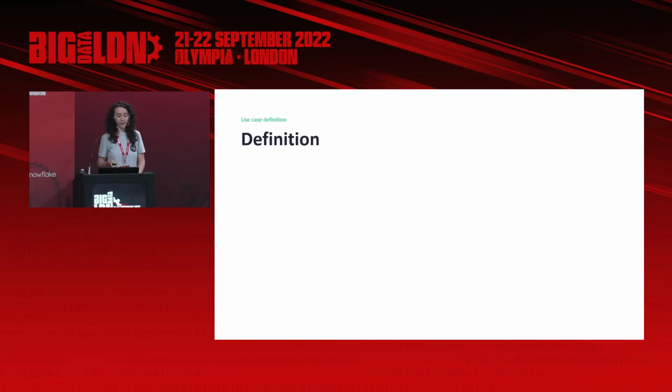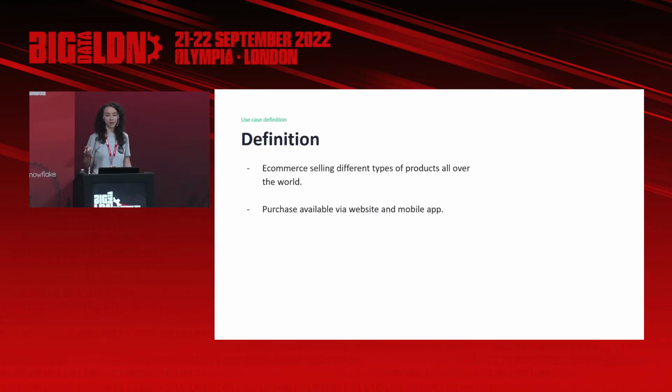So to explain this better, we are going to use a real use case, for instance, an e-commerce, which is selling different types of product all over the world. The purchase can be via website or application.